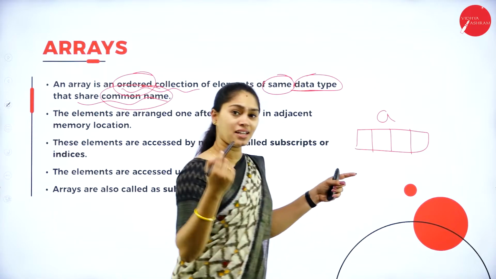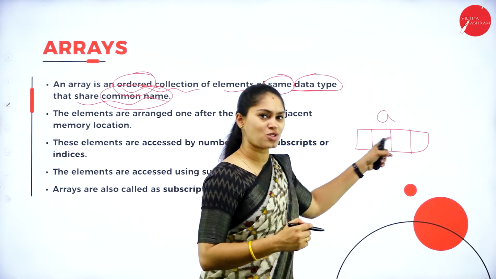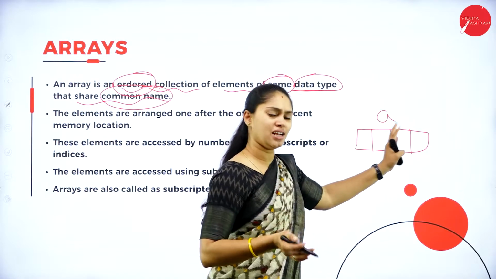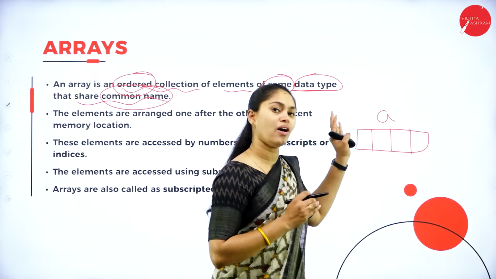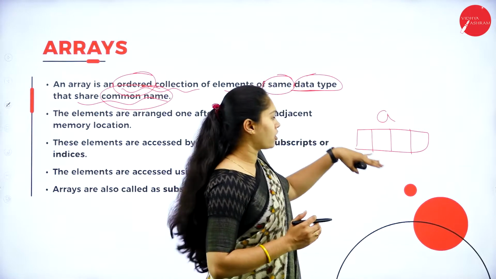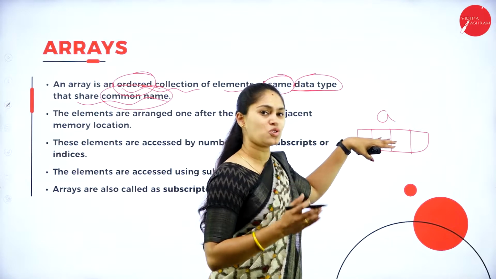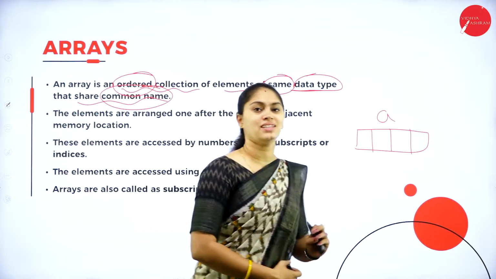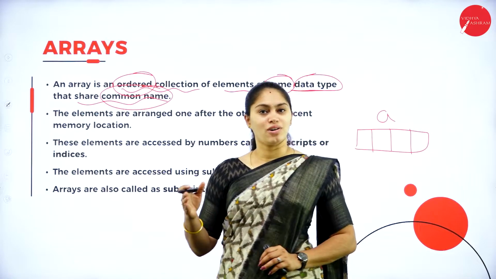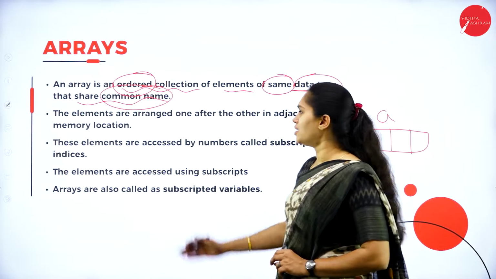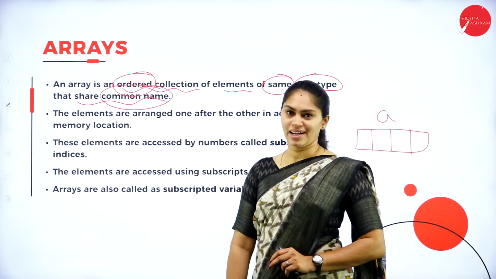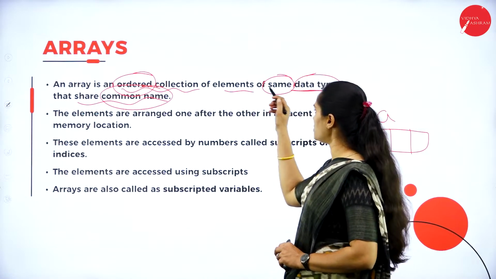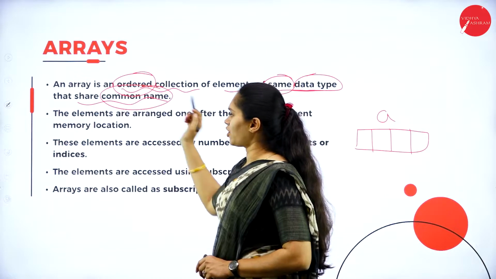Then I can get to know this element belongs to this array. Any number of elements I can have, but all the elements are going to belong to the same name, or share a common name, in order to represent that element in the collection of elements. That kind of process is called an array. So it's an ordered collection of elements of the same data type that share a common name.